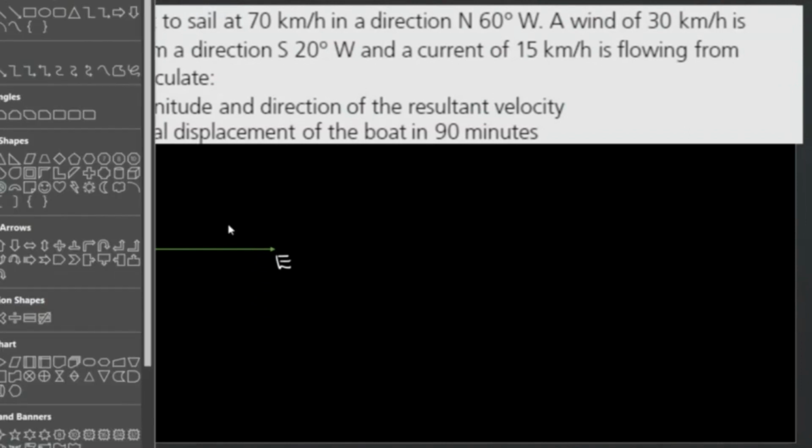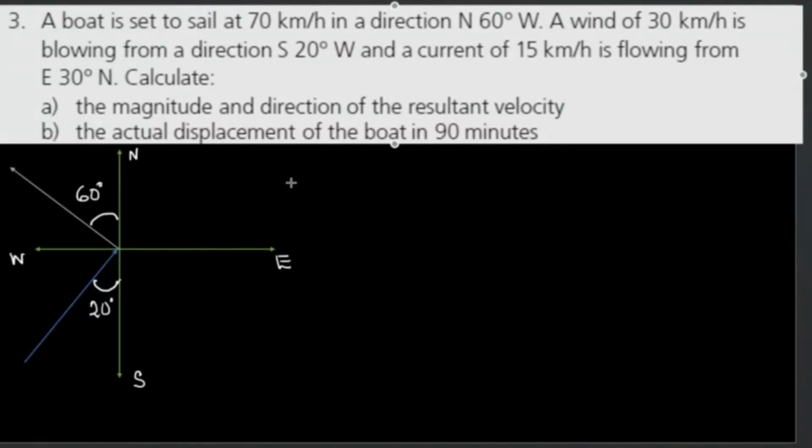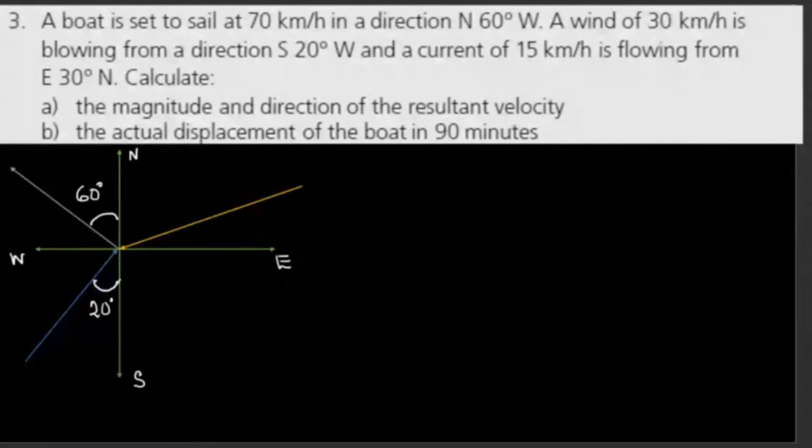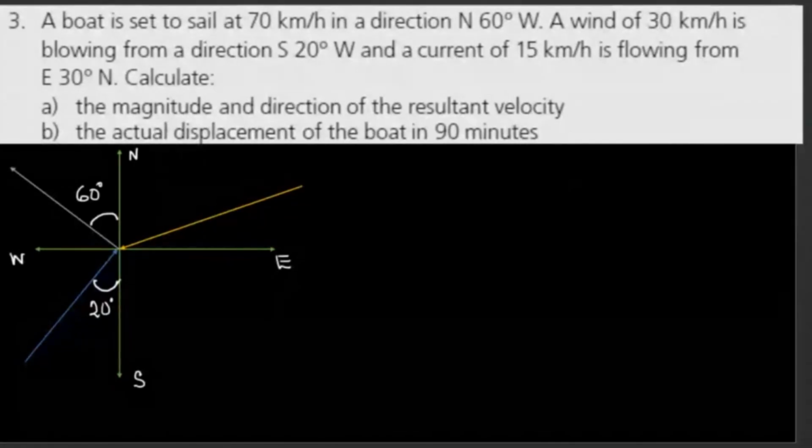You can see my arrow. Let me use another color. 30 degrees, right? It's going to be here.